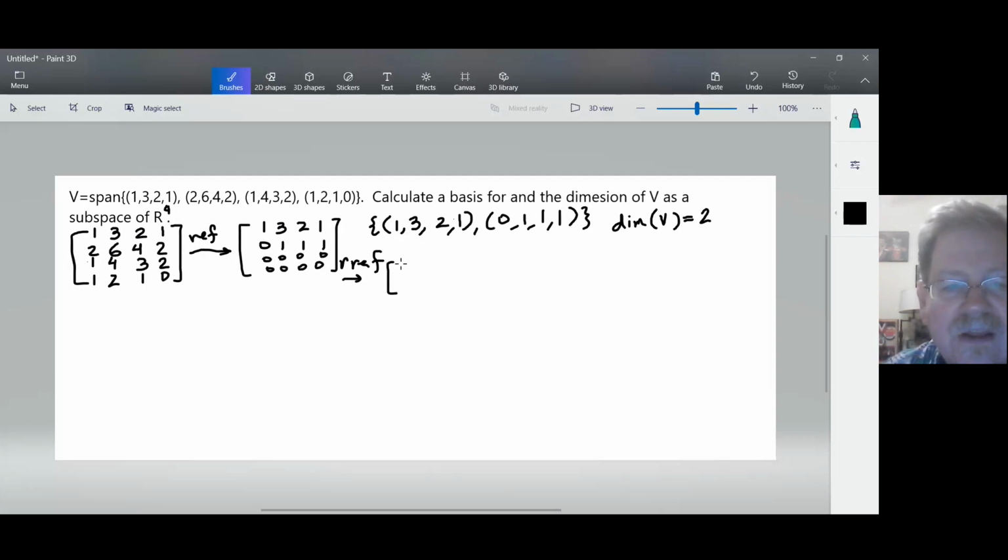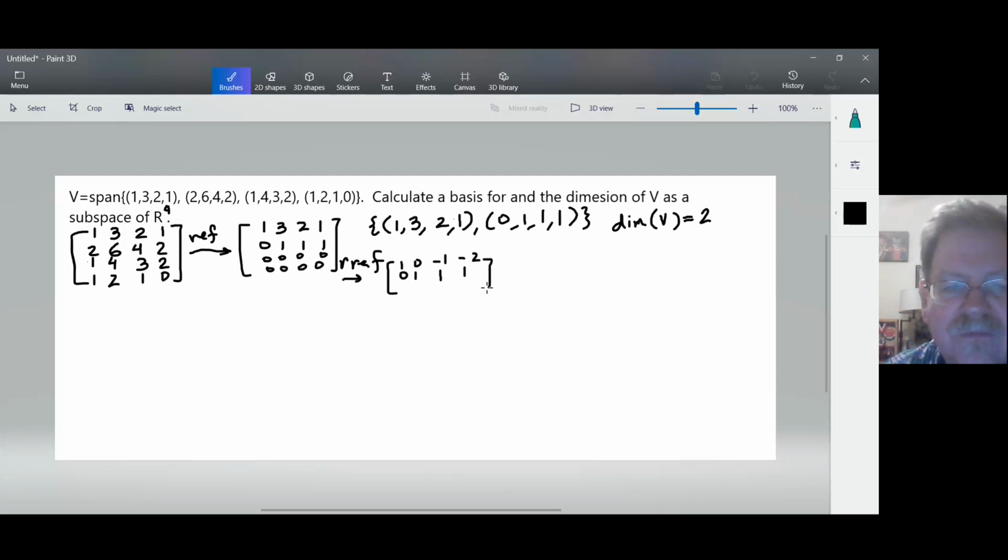If we do that, then we'll have 1, 0, -1, -2, and then we'll have 0, 1, 1, 1.